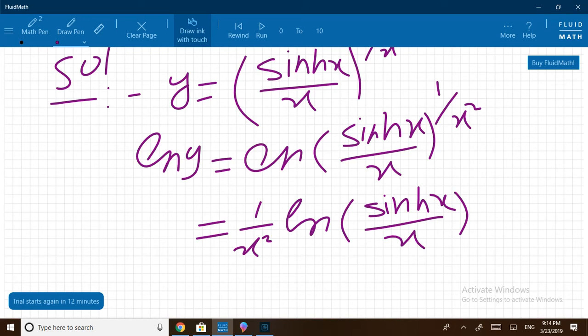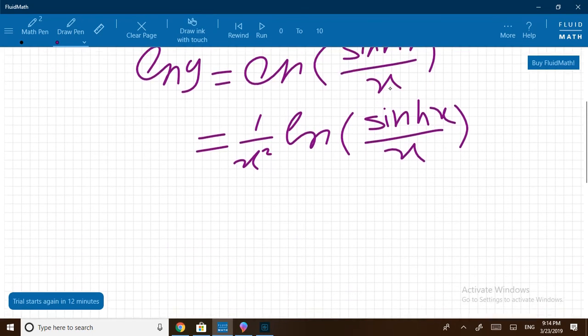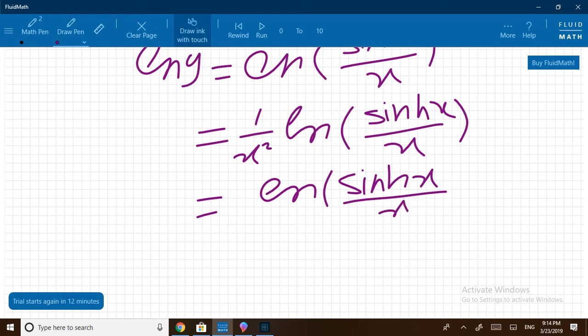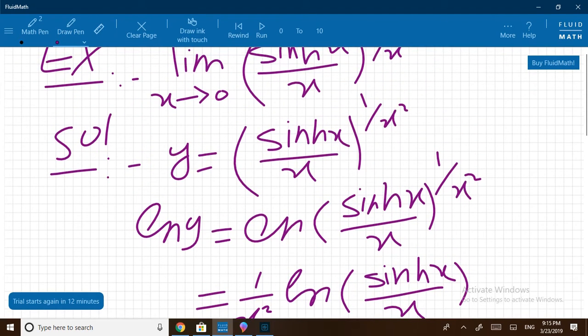Okay, and we can also write this expression as the natural log of (sinh x divided by x) divided by x square. Our limit is x approaches to 0. It is obvious.